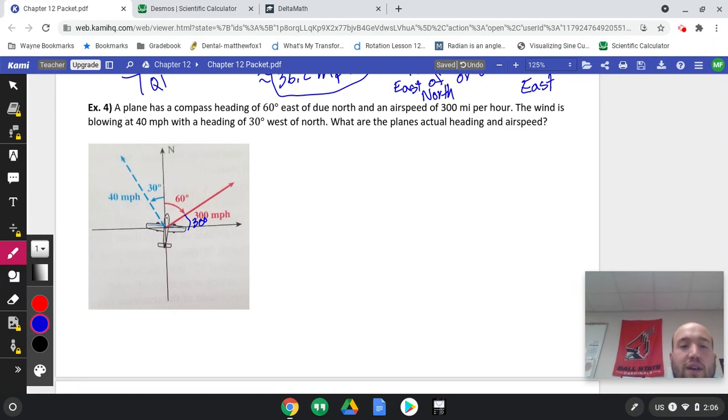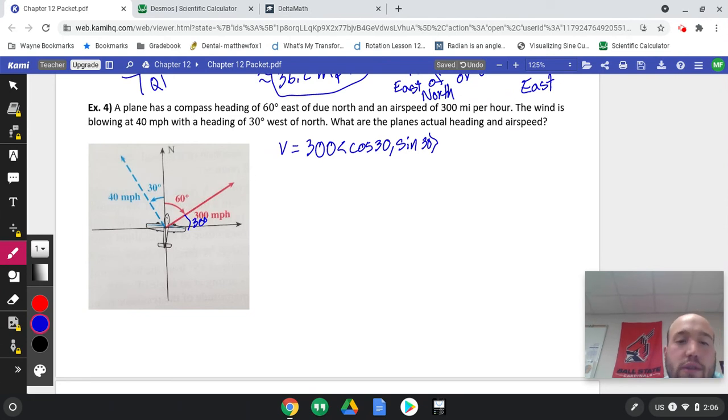So for that vector v, if we call it that, we'll have 300, and then it's going to be cosine of 30, sine of 30. Meanwhile, for the other one, remember, we're adding these vectors, so I need to move this over here.